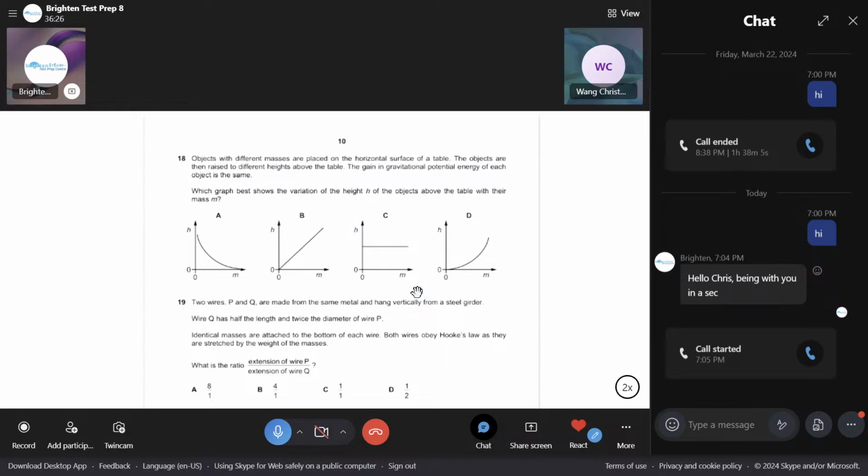Okay, so what is the core of the question? So the objects have equal gain of gravitational potential energy, but you can vary their mass. Okay, I think it's A because potential energy is mass times gravitational field strength times height, meaning M and H are inversely proportional. Okay, yeah, all right. Good one.